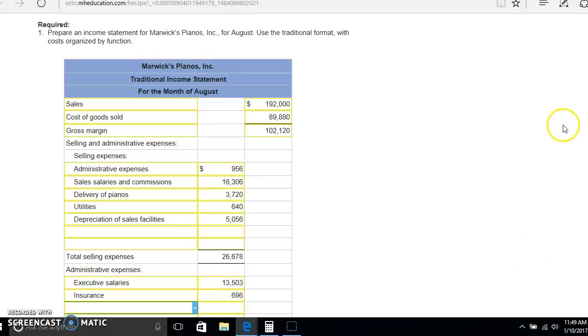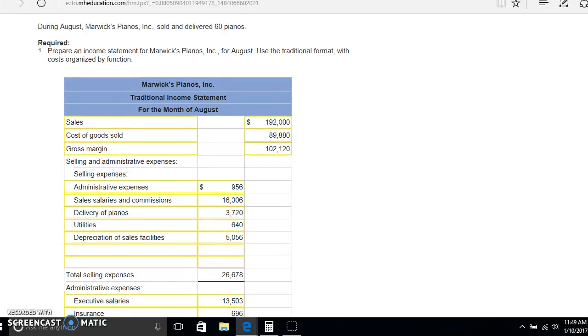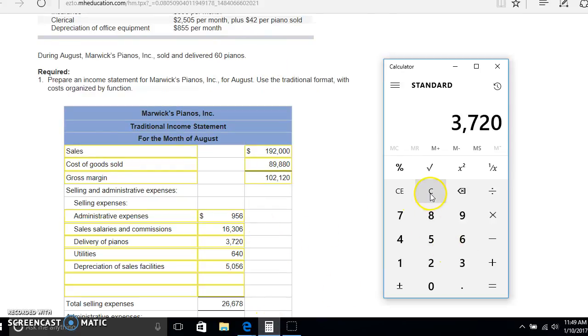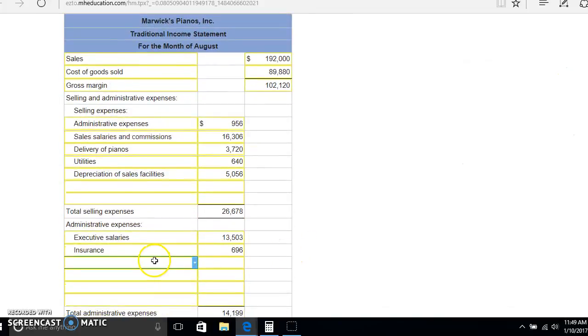Our next expense was clerical. So clerical is $42 per piano sold. So I'm going to do 42 times 60, and I'm going to add the flat clerical $2,505. So our clerical for this month was $5,025.